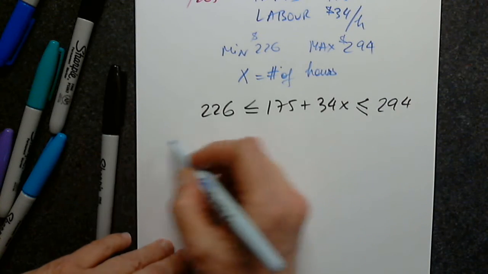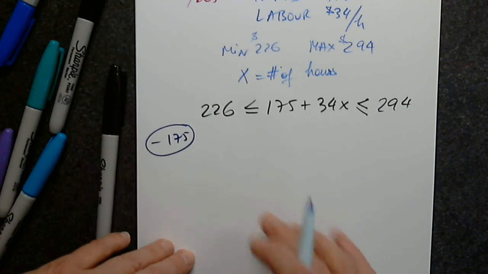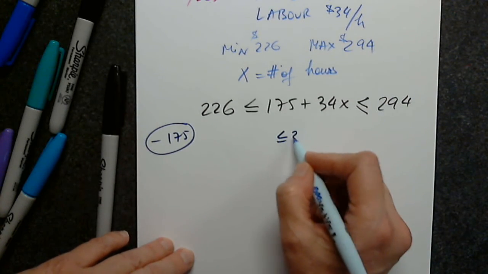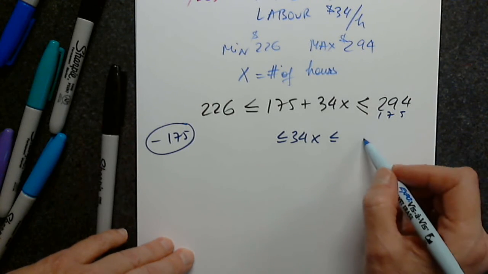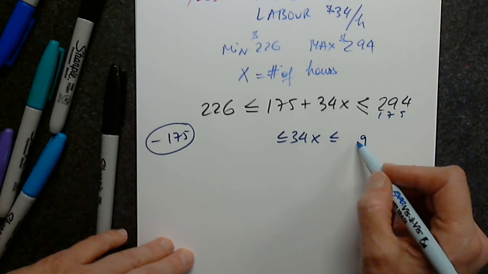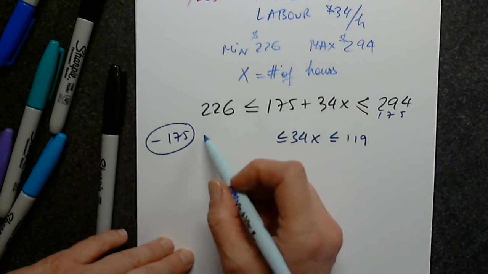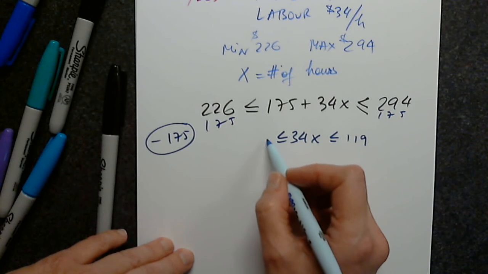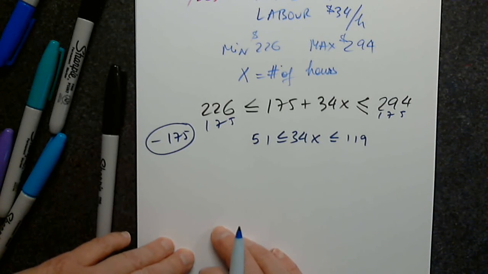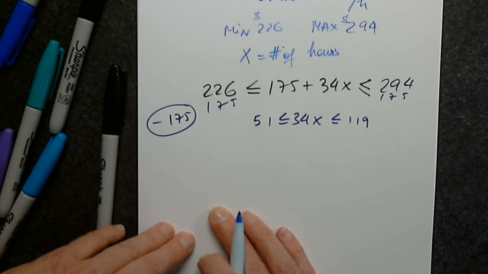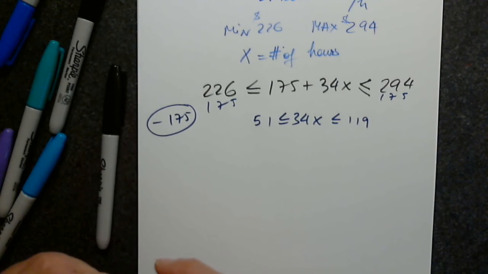Of course, subtract 175 from all sides. So in the middle, I have 34x. And then 226 minus 175, I think it's 51. Correct me, please. And here, 294 minus 175 will be 119. Finally, what do we do?